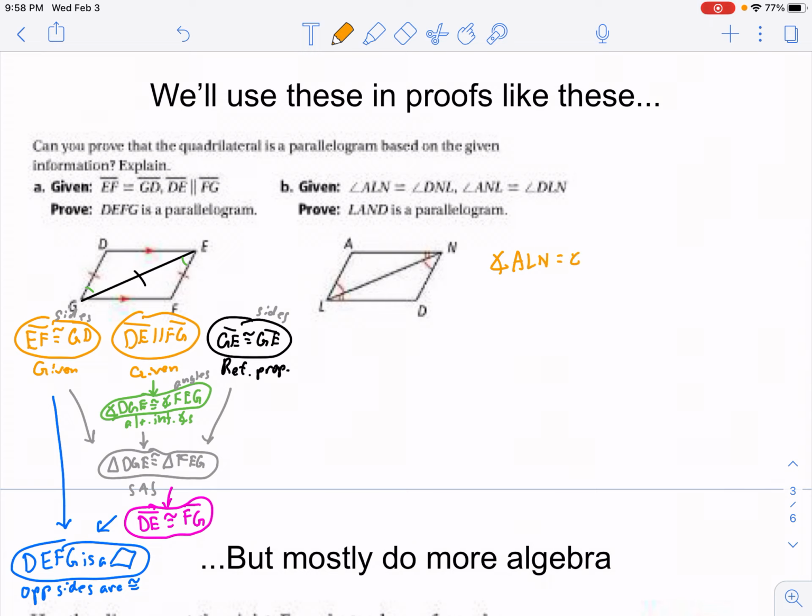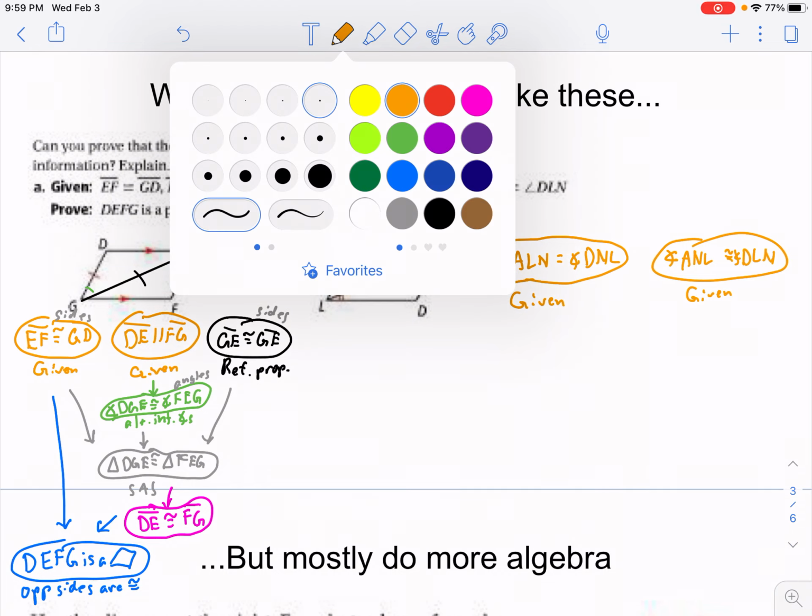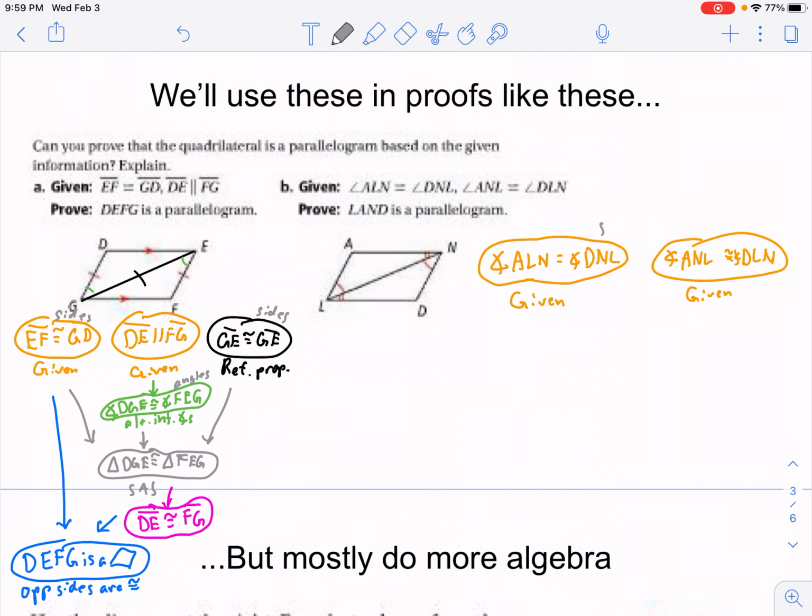So angle LAN and angle DAN are congruent, and so are angle ANL and angle AND. Gives us, oops, that's completely wrong.